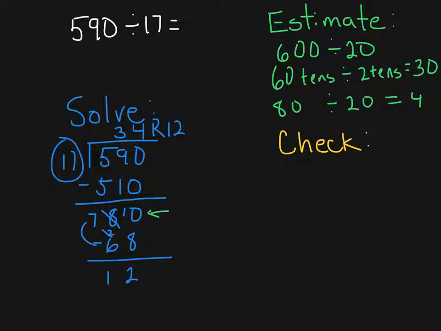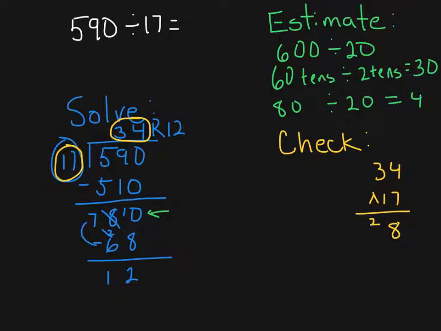So on to my check. The first thing I have to do is multiply the whole number in my quotient times the divisor. So 34 times 17. 7 times 4 is 28.